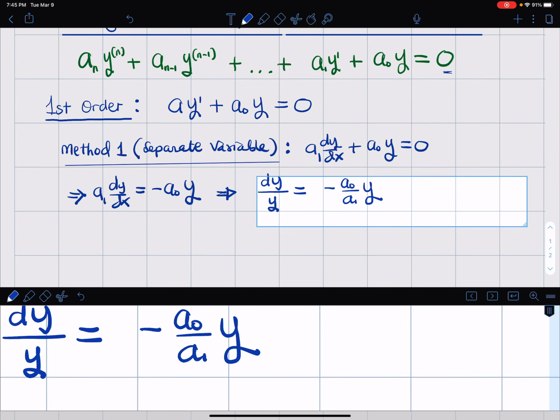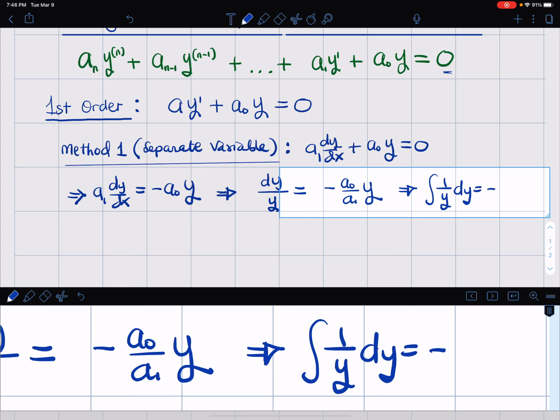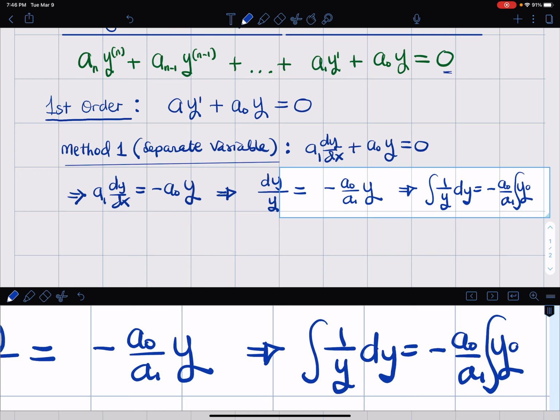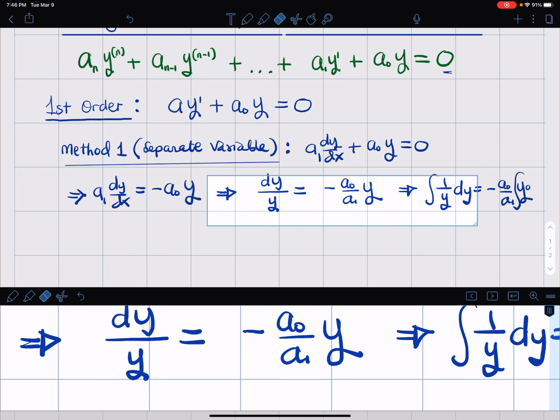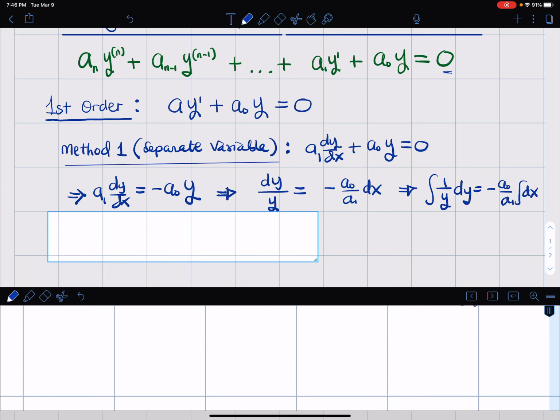This is separable, and we can take the integral of both sides: the integral of 1 over y dy is equal to the integral of negative a0 over a1 dx. Sorry, this is dx, not y.